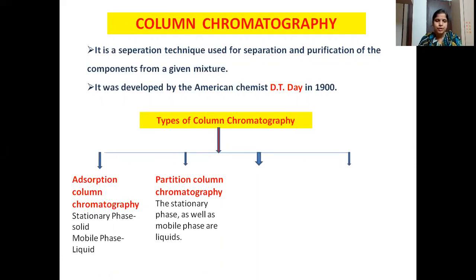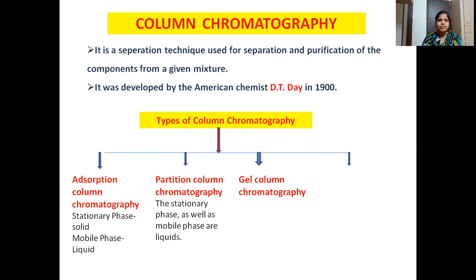As we have seen in paper chromatography, partition takes place there because on the paper we find small pores where water is embedded. Even here, the liquid we take as a stationary phase has to be embedded or supported on a solid. So when we take both stationary phase and mobile phase as liquids, the principle involved is partition column chromatography.